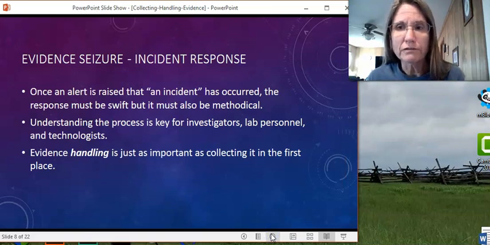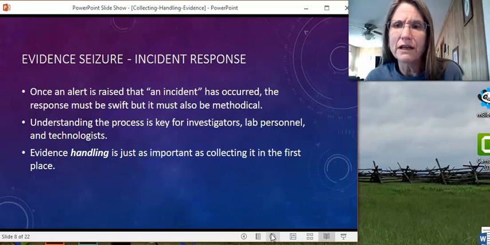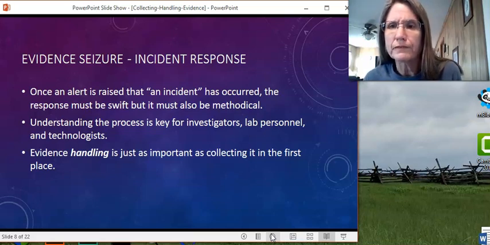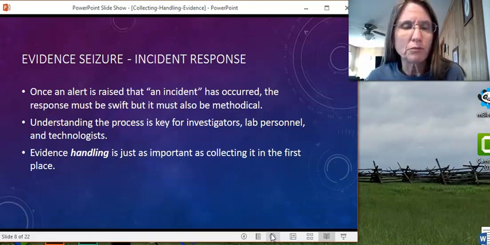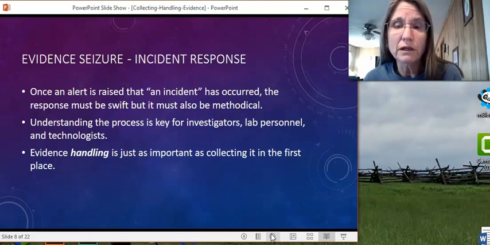So let's start at the beginning. Evidence seizure. Once an alert is raised by our monitoring system that an incident has occurred, and again, this could be a breach type incident, but it also could be just some other employee initiated incident, an accusation of mistreatment.